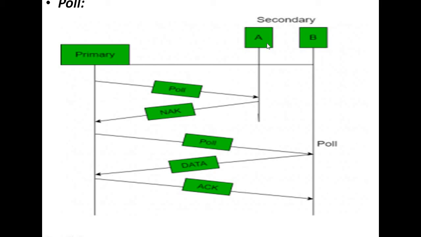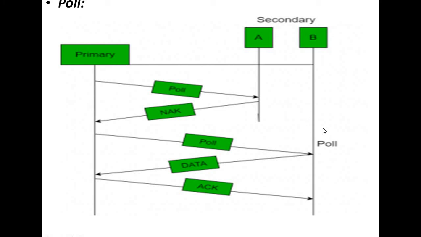After getting the negative acknowledgement from system A, the primary system will again ask the secondary system B to transfer some message if they have. If the secondary system B has some messages for the primary station, then it may transfer at that time. If it has no message to transfer towards the primary site, then it gives a negative acknowledgement.